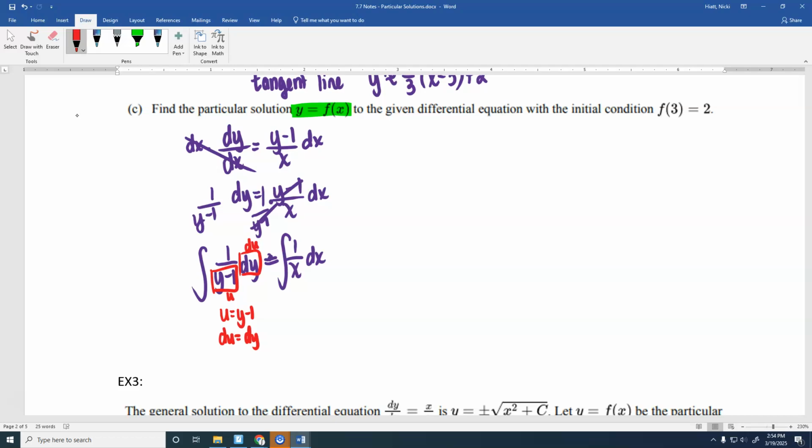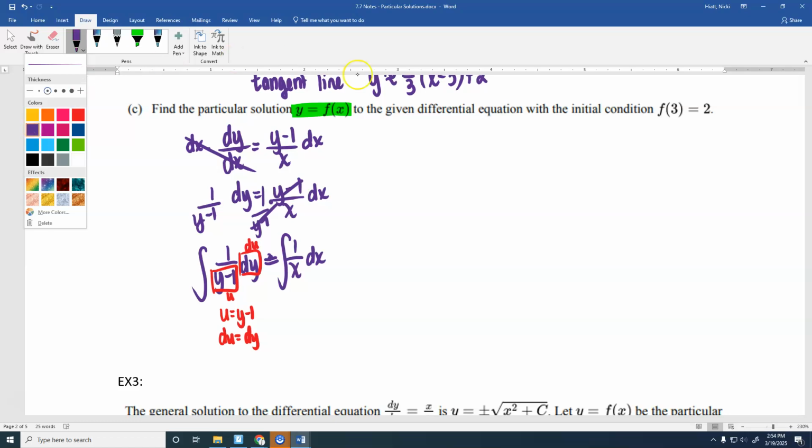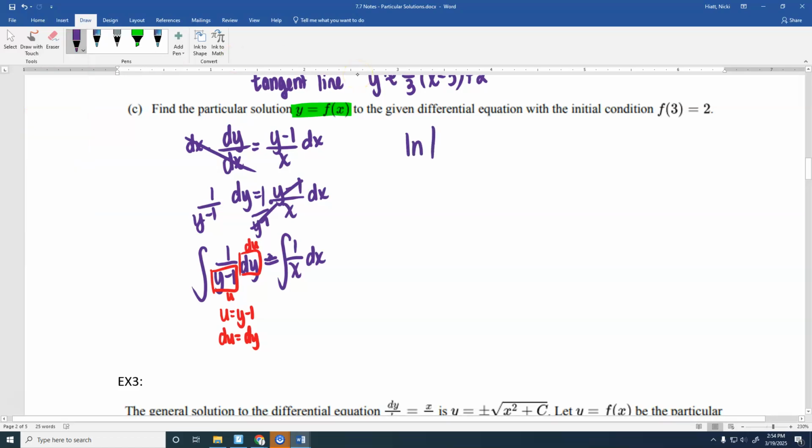So when I integrate 1 over u du, what am I going to get? Natural log. So we'll get natural log, absolute value. I'm going to go ahead and put y minus 1 back in. I'm not going to do the u. And what is the integral of 1 over x dx? Plus c.